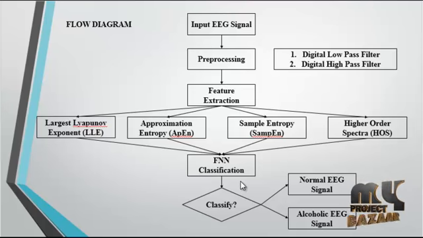So here we have two types of targets. Then after the classification, the result will be displayed as normal or alcoholic. After the classification, the performance is estimated. Hence, the process is more reliable and efficient by using the classification and the efficient feature extraction.